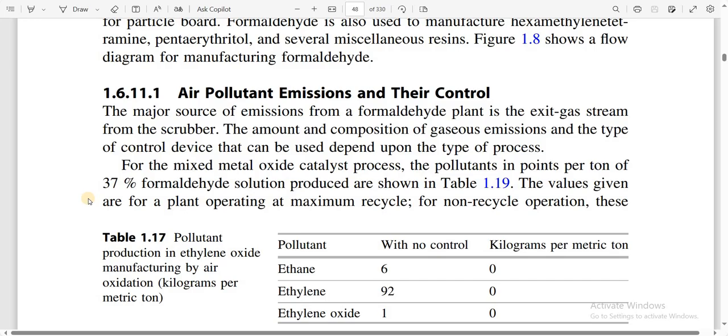Okay, so air pollutant emission and their control. The major source of emission from a formaldehyde plant is the exit gas stream from the scrubber. The amount and composition of gaseous emission and the type of control device that can be used depend upon the type of process.